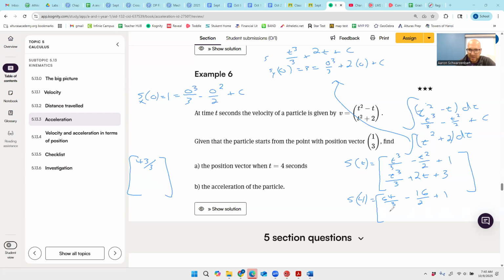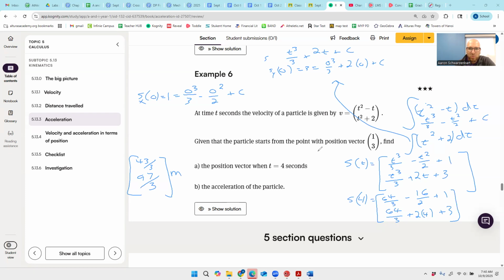And then my next one, 2 times 4, and 97/3. So that is my position vector. And I should put a unit on it of meters.